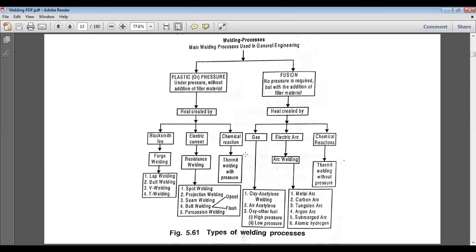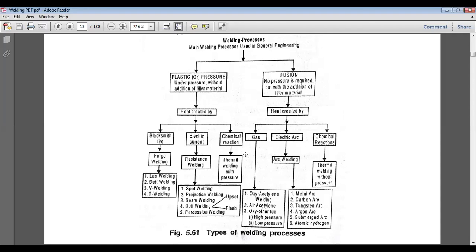Now we'll be defining different types of welding. As we discussed, welding either needs pressure or it needs filler metal. If two pieces are compressed together, the welding process is known as plastic or pressure welding. In plastic or pressure welding, we fuse two metals by compressing from both sides, and the joint takes place under plastic deformation.